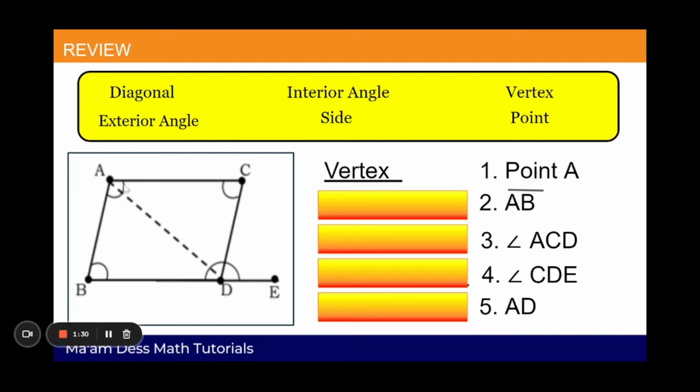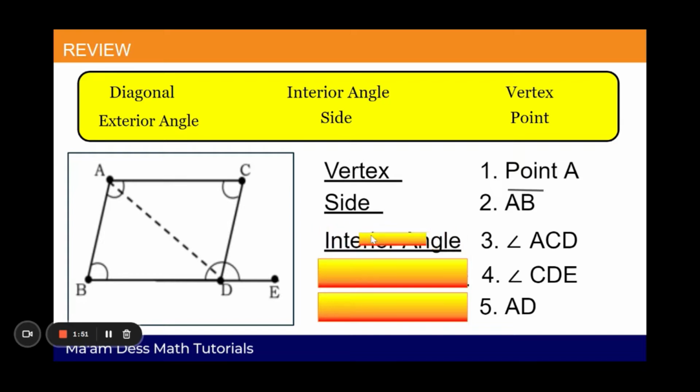For number 2, line segment AB. From the figure again, look for the line segment AB. What do you think what part of this polygon is? Now it is side. Number 3, angle ACD. Here is angle ACD. Again, what part of this polygon is angle ACD? Okay, so we have interior angle.